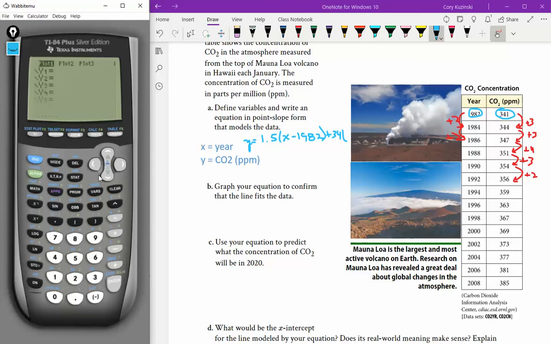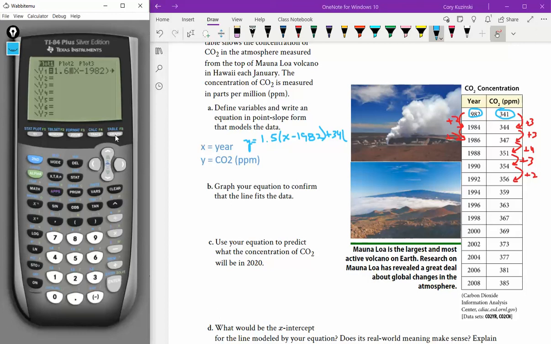Let's go in and see if my graph matches. 1.5 times x minus 1982 plus 341. Let's graph that. I liked it at first, but then it looks a little off at the end. Maybe we up our slope.